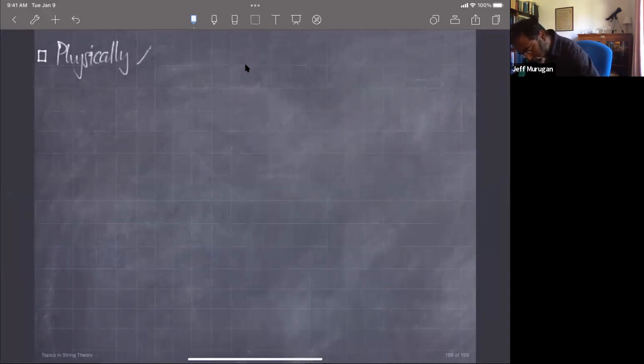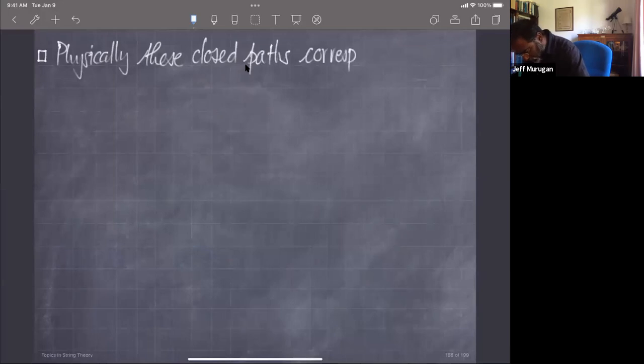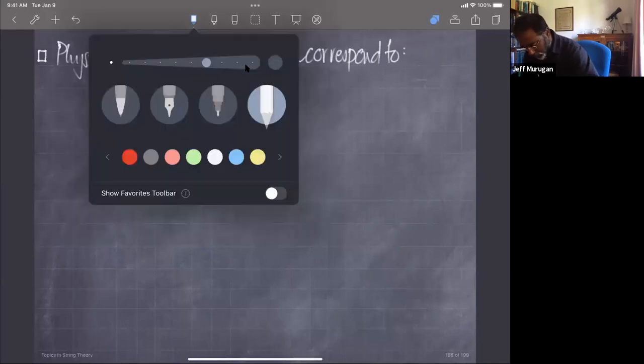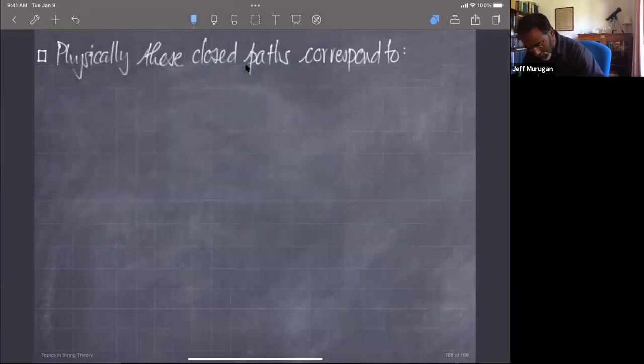Physically, these closed paths correspond to the following. So in this story, time is going to go upwards, like such.